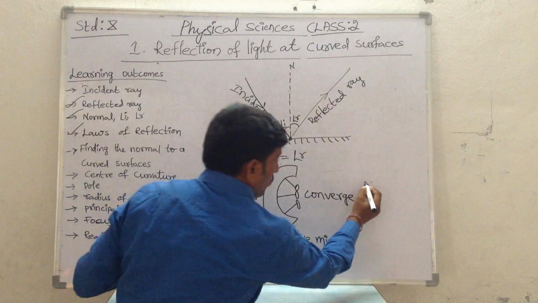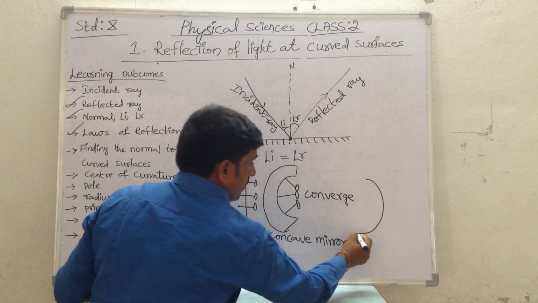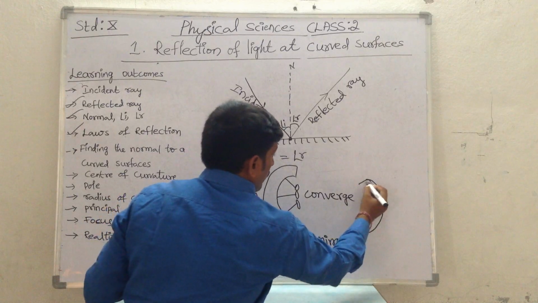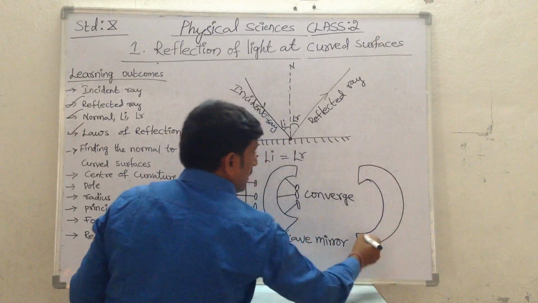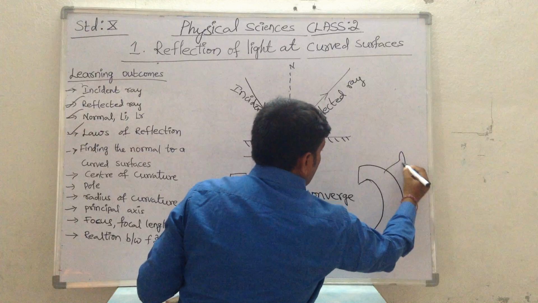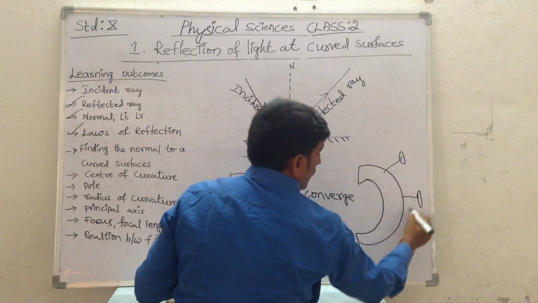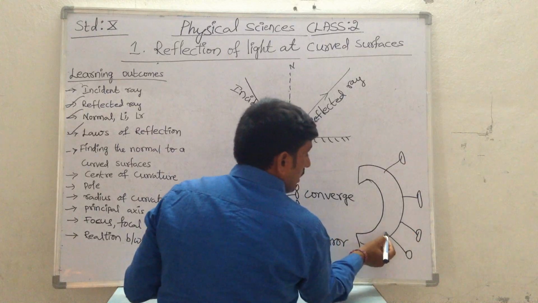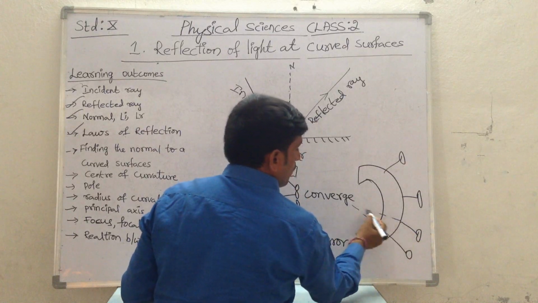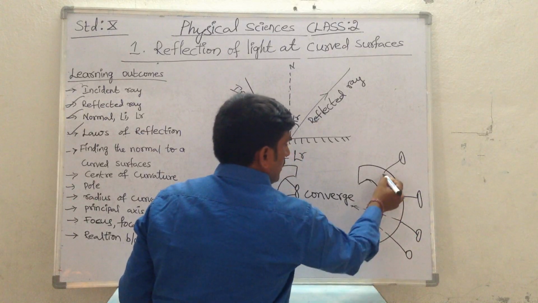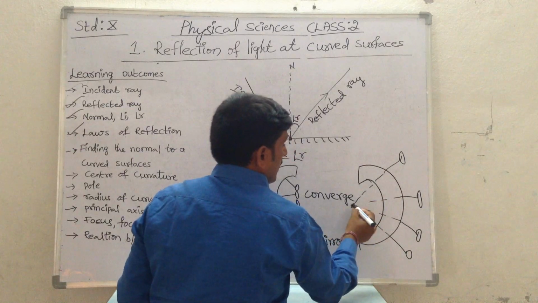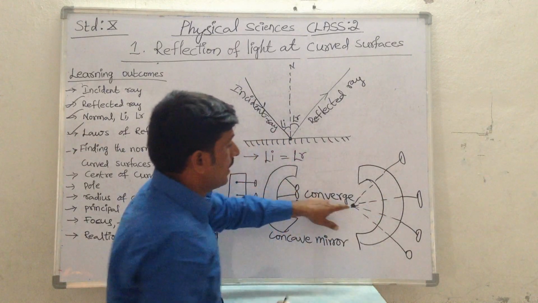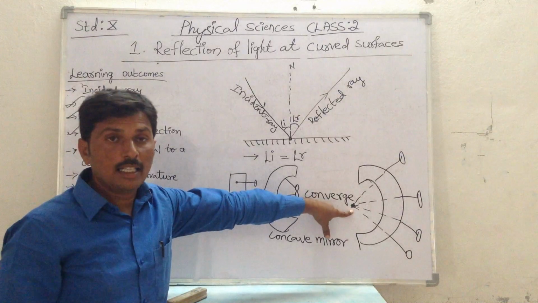Now bend the foam outward like this. You will see that each and every pin is diverging. If you extend all these rays backwards, they seem to converge at a point.